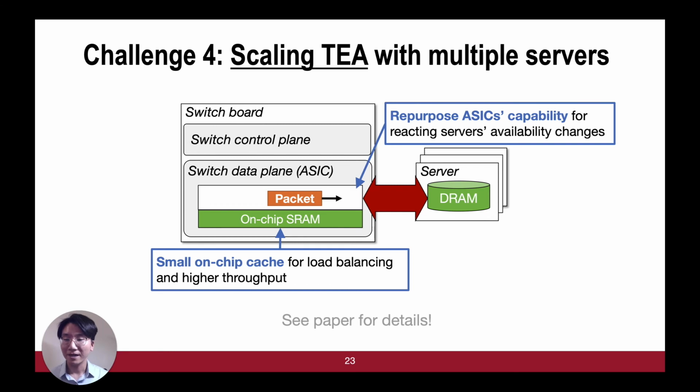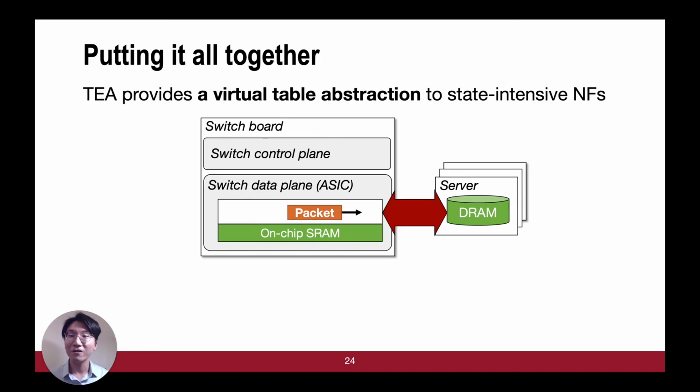The second idea is to react to server availability changes fast. We repurpose ASIC's capabilities, including event-based packet generation and meter. Putting it all together, T provides a virtual table abstraction to NFs so that they can have an illusion of large lookup tables.